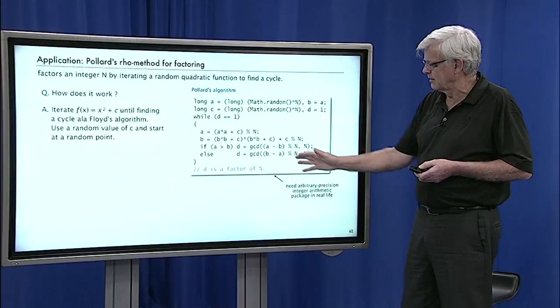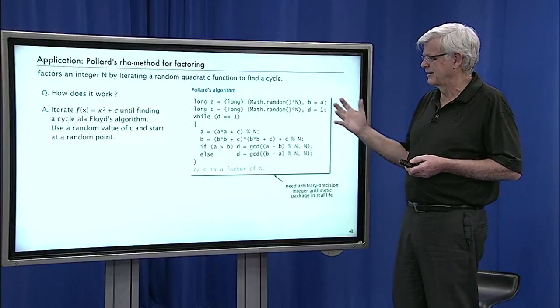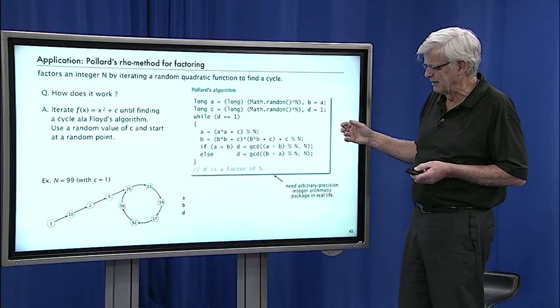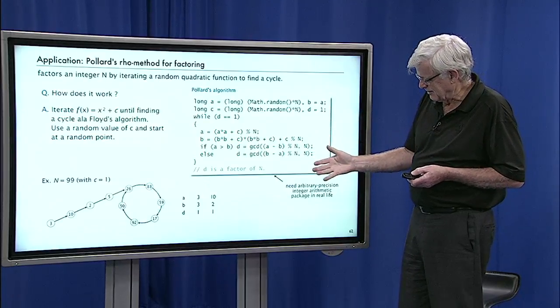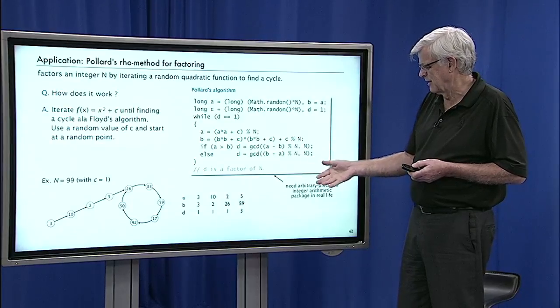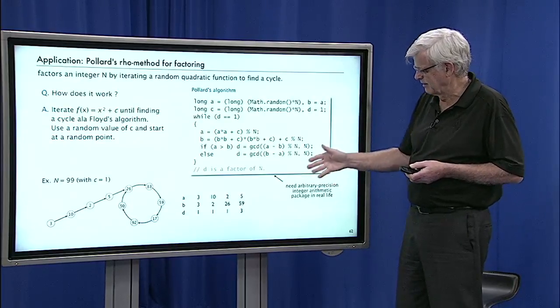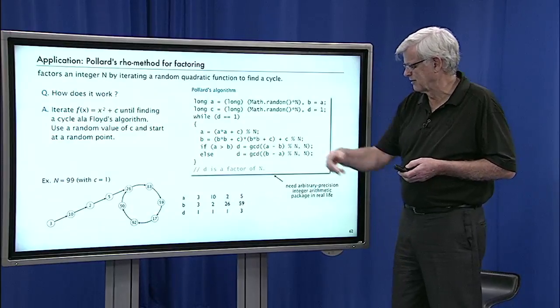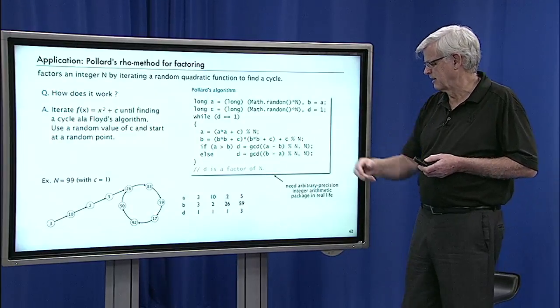And when it's done, you get a factor out. It's quite an amazing algorithm. So this is just an example that is doing the same thing as Floyd's algorithm. And when the GCD of these things is not 1, then you've found a factor.